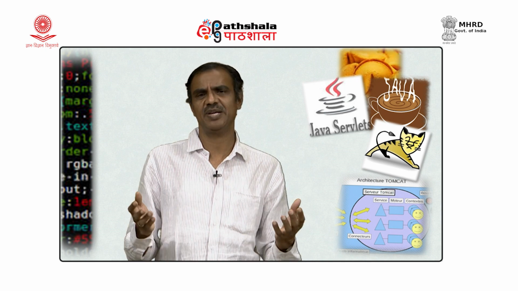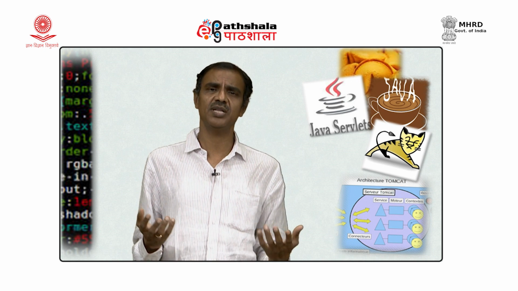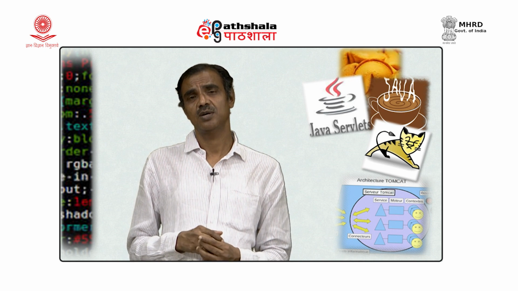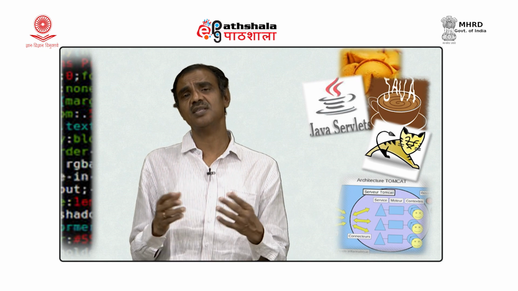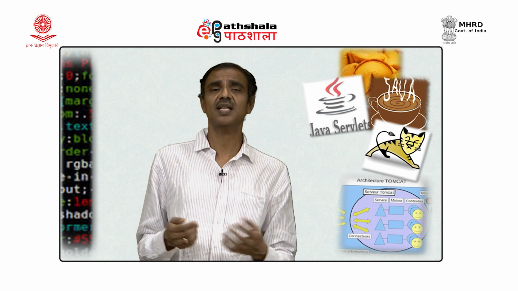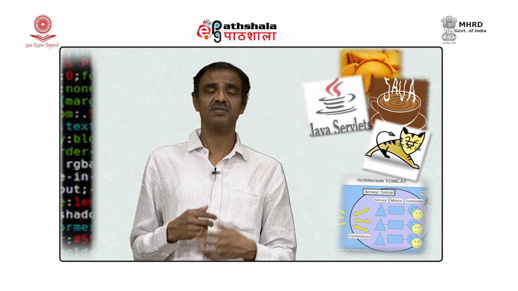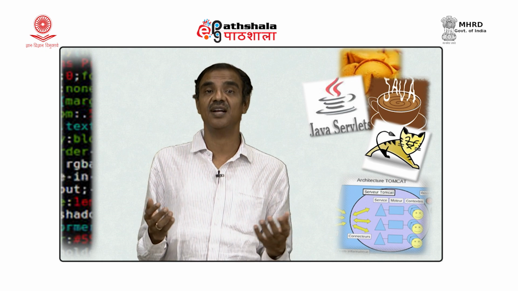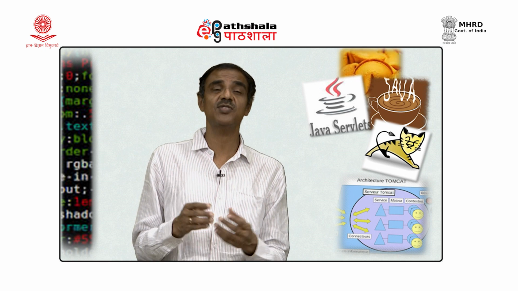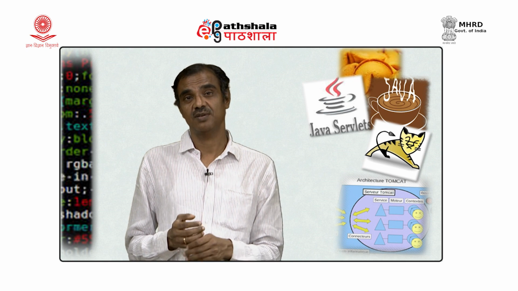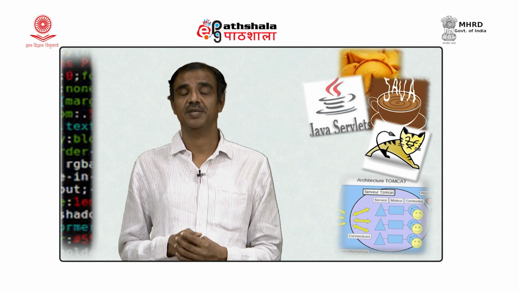When we distribute that set of classes in the form of a jar file, our element here is a jar file. So, there is the concept of digitally signing a jar file. What are all these terms? What do we mean by a digital signature? Let us start by looking at those aspects.